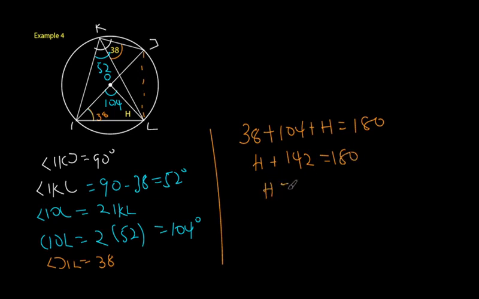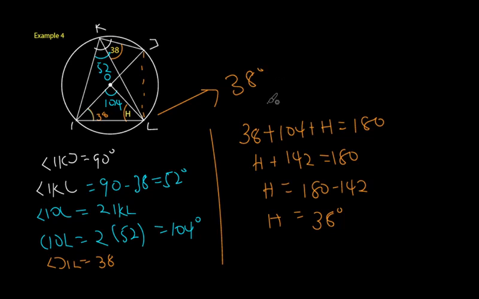So our h is equal to 180 minus 142. So our h is 38 degrees. So our angle over here, h, is actually 38 degrees. So yes, this is how we solve circle theorem using the theories that we've studied so far.